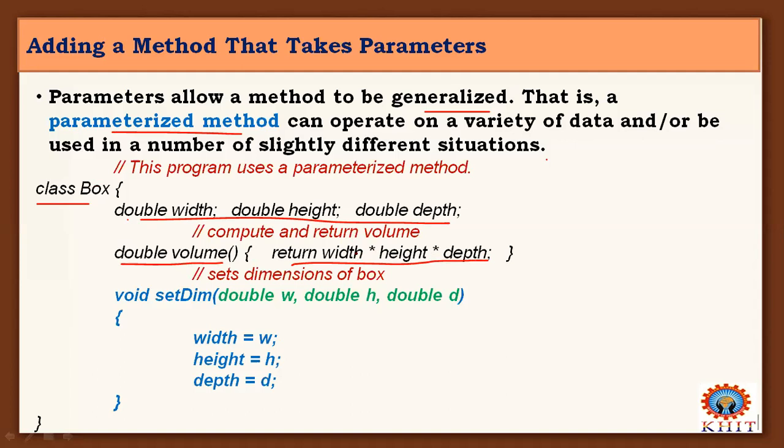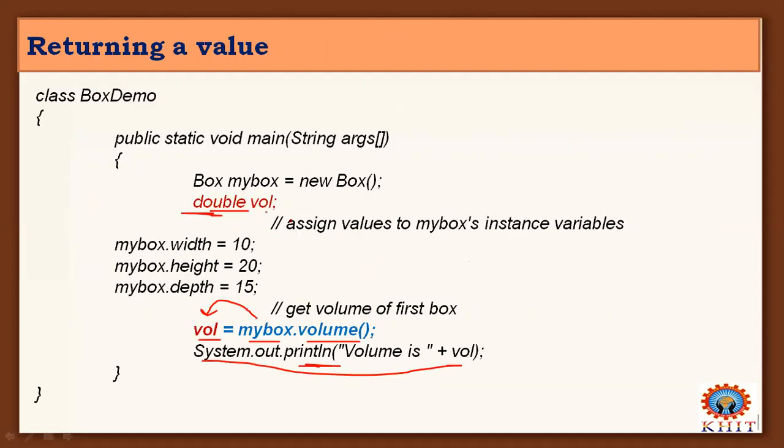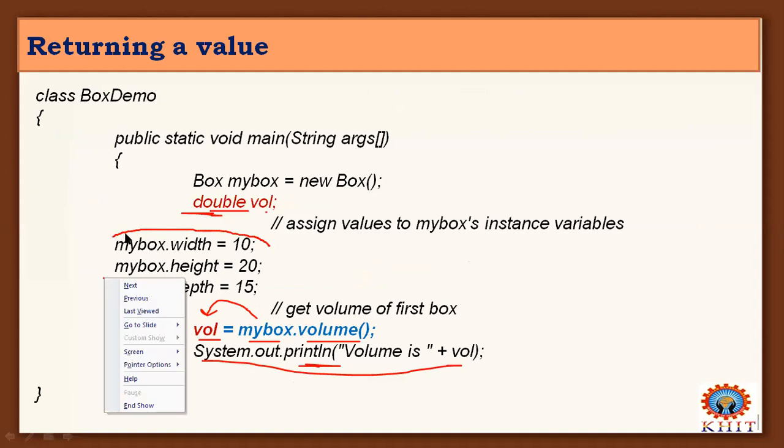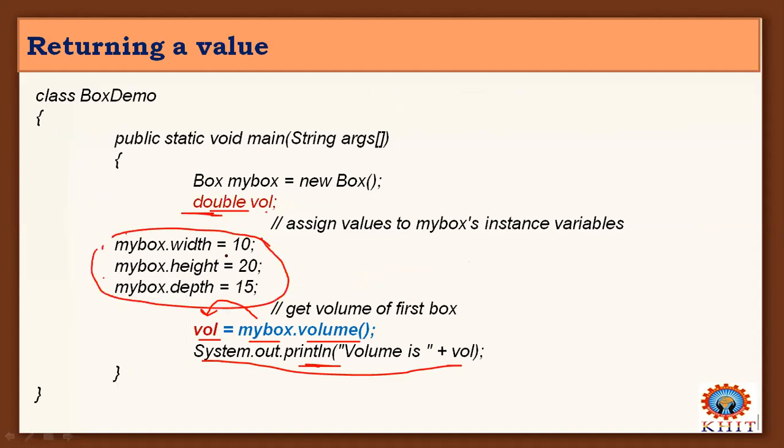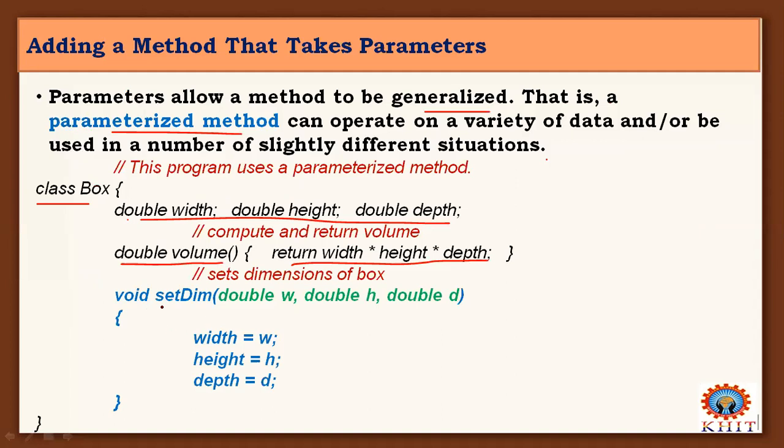But here, to set these values in the previous program, we did this part in the main function or main class. But there is another alternative. We can initialize these variables inside the Box class by defining one method for initializing these values. This is setDimensions of a box as one method, and the return type of this method is void.